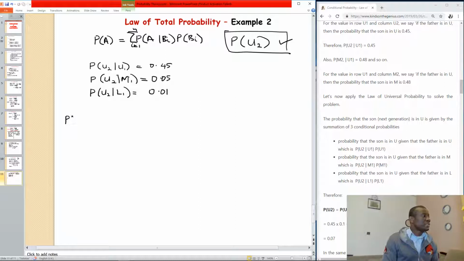So we have probability of U2 equals, we are now summing up the conditional probabilities using the law of total probability.